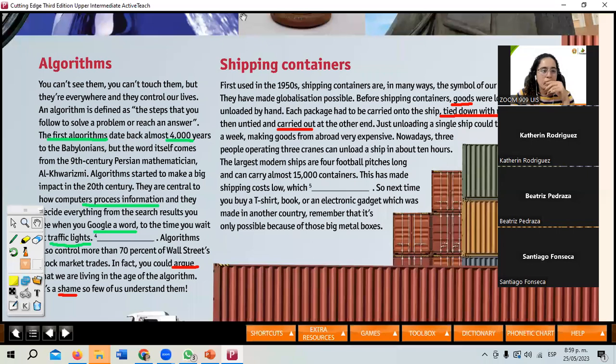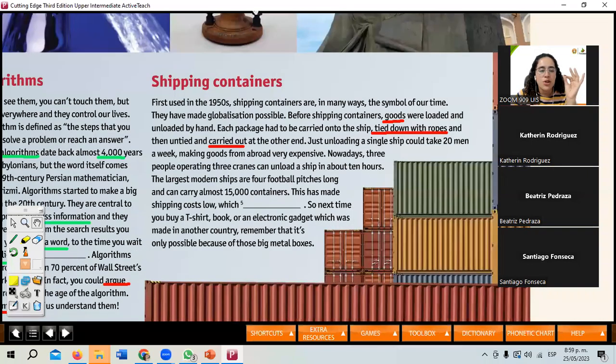Okay, and finally, Vanessa, for shipping containers, when they were created, invented, and which problem did they solve? Teacher, in the 1950s. The problem is making goods from abroad very expensive.